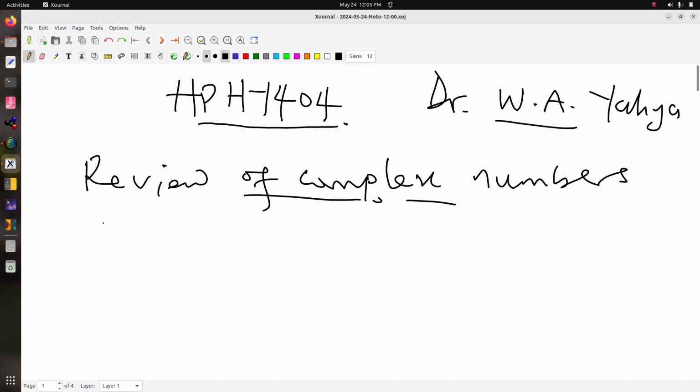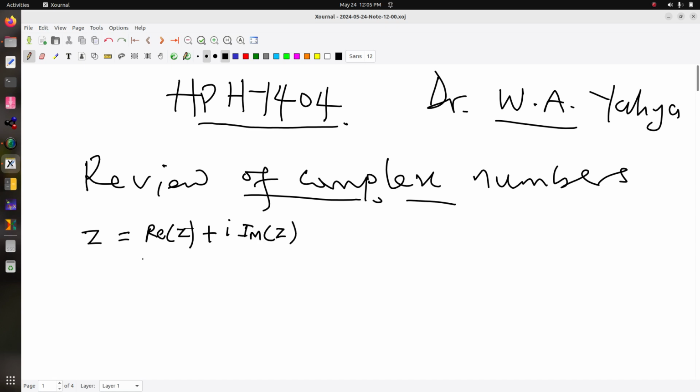A complex number, denoted as Z, has a real part plus an imaginary part.